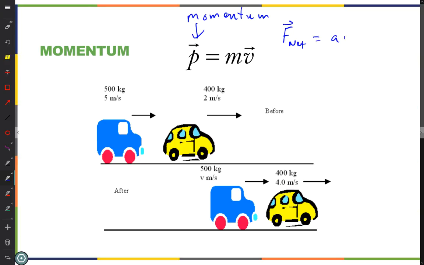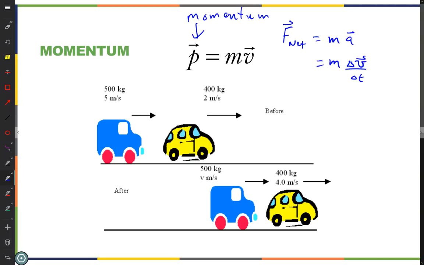Newton's second law said that the net force equaled mass times acceleration. But I could write the average acceleration as the change in velocity over change in time. Or for an instant, the instantaneous acceleration is the instantaneous change in velocity over change in time.